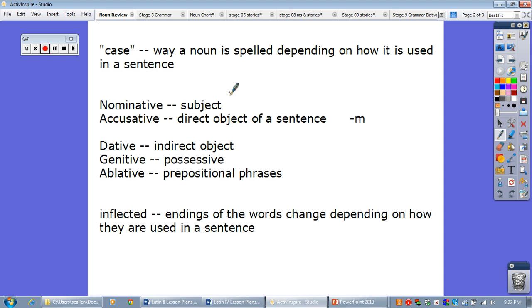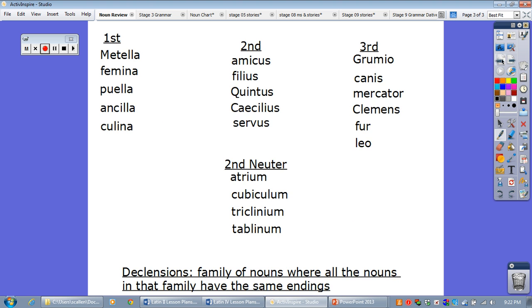The spelling when it's the subject we call nominative, and the spelling when it's the direct object we call accusative. And then we also learned about declensions, how nouns belong to families where they have the same endings for the cases. Latin has 5, and we're going to focus on the first 3 until the end of this semester.